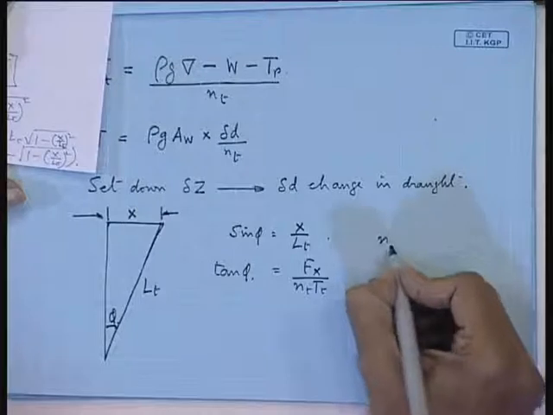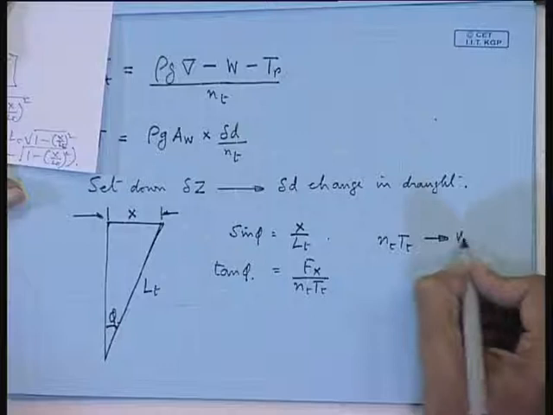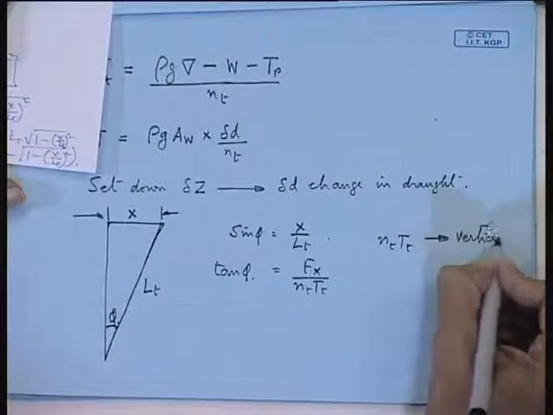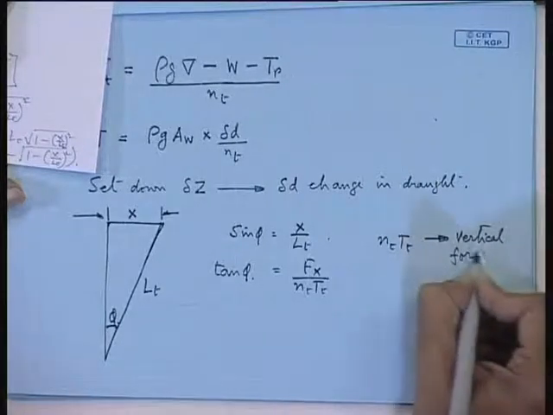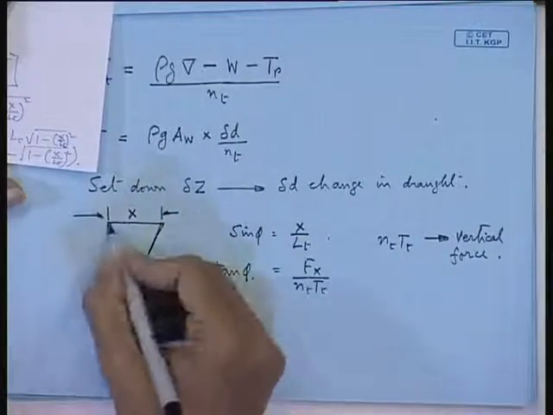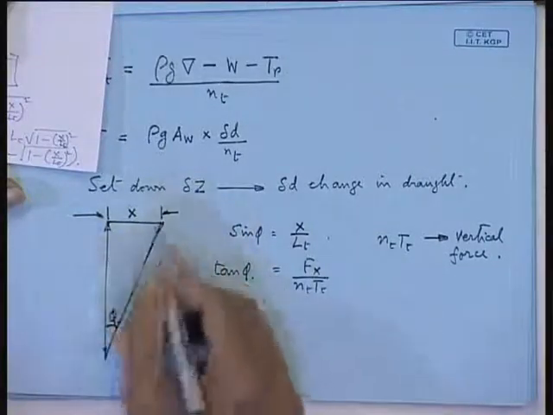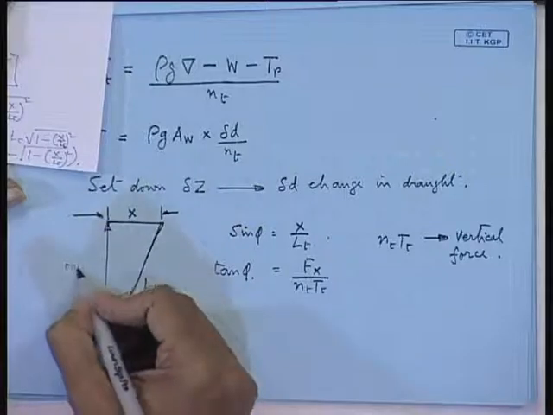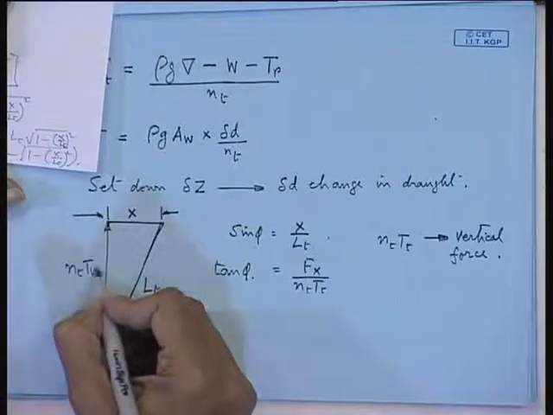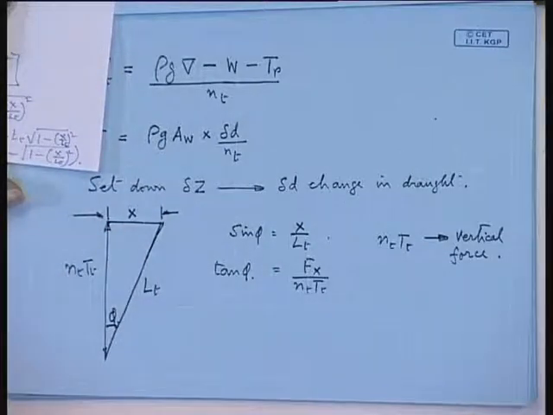Now, this NT T is always, you remember that this is always a vertical force. So, that means this NT T is acting in this direction. However, this is your displacement, you should not mix up this, because in our buoyancy equation, we have NT T counteracting your weight and buoyancy, all these are normal.